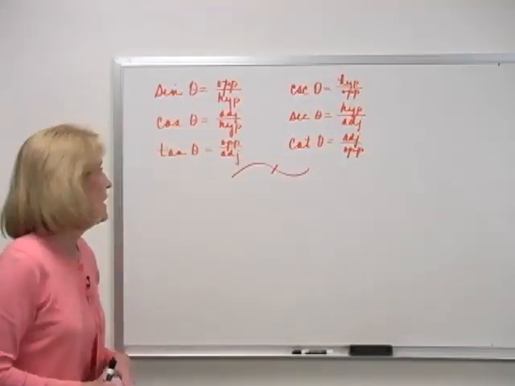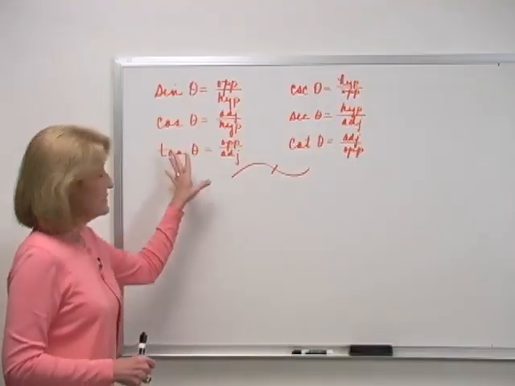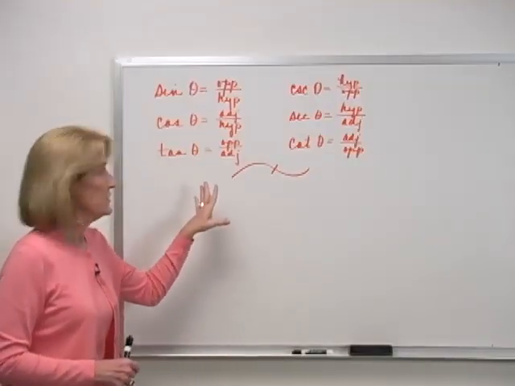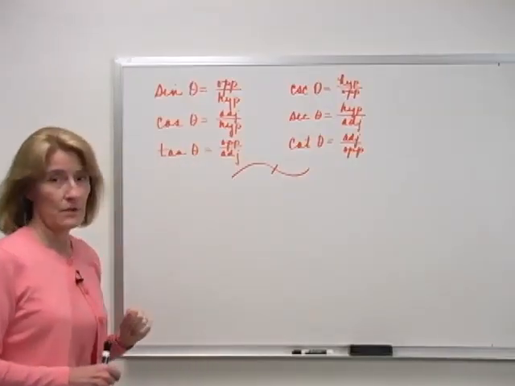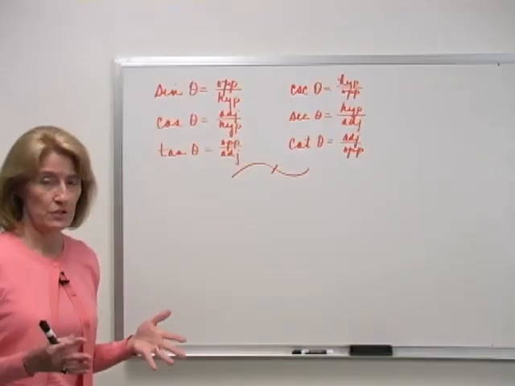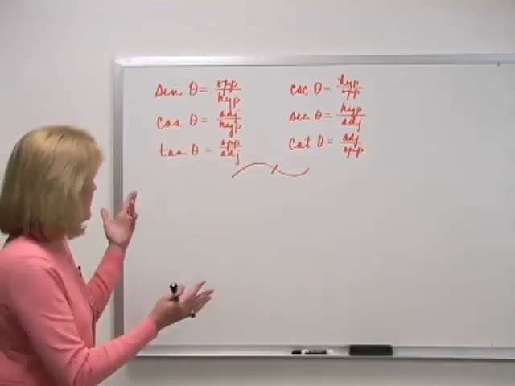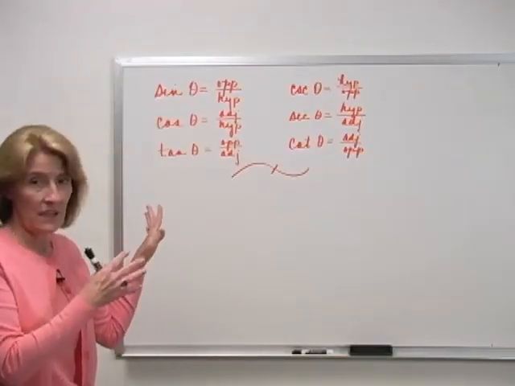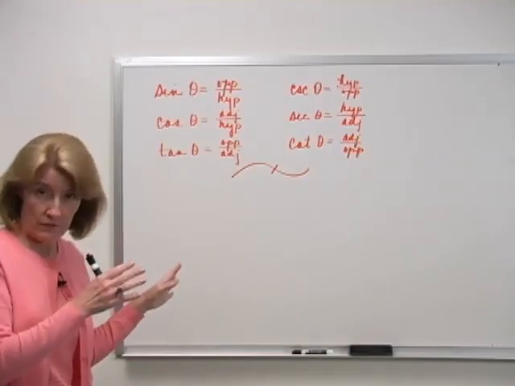All right, I have here on the board the right triangle definitions of the 6 trig functions. What we want to do is look at the relationships. We're trying to see how these fit together and how one is related to the other.